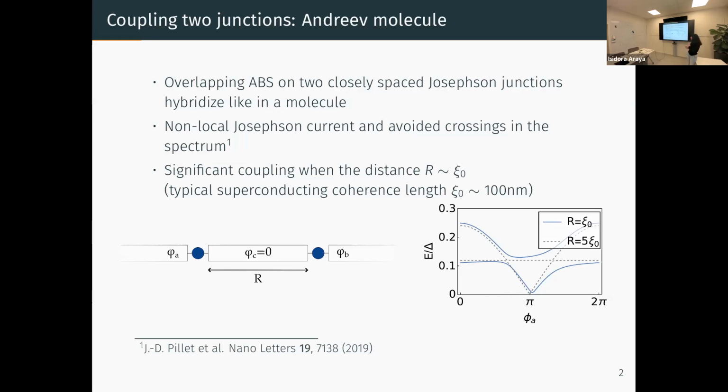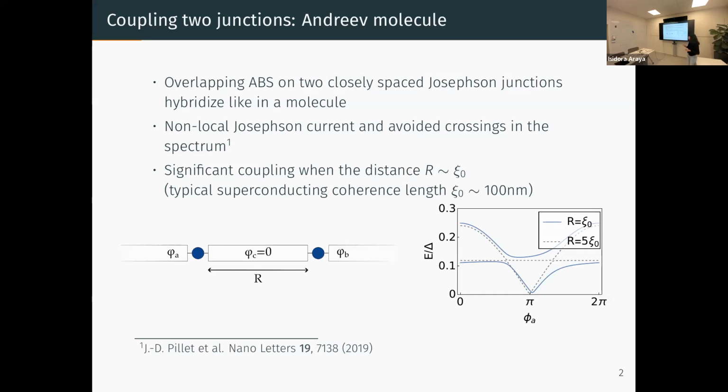And now when I bring them close together, at a distance of the order of the superconducting coherence length, these are the blue lines, I get some avoided crossings, which is a sign that there is a coupling.